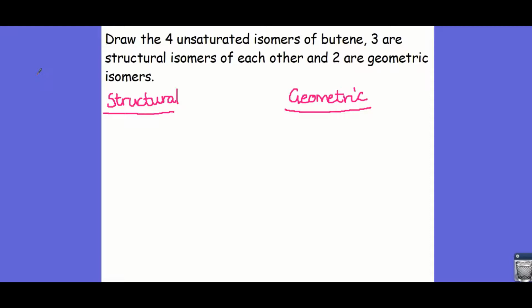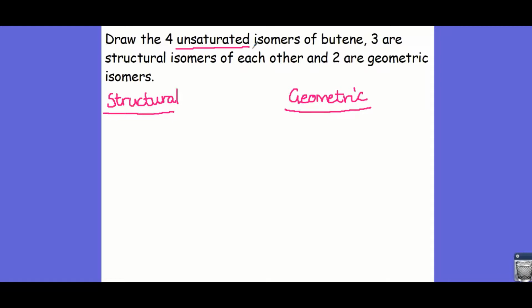You might find this useful when you're working through the revision questions once you've worked through this video. So there are 4 unsaturated isomers of butene. That word unsaturated is important because it means it won't include cyclic compounds, because cyclic compounds are saturated.